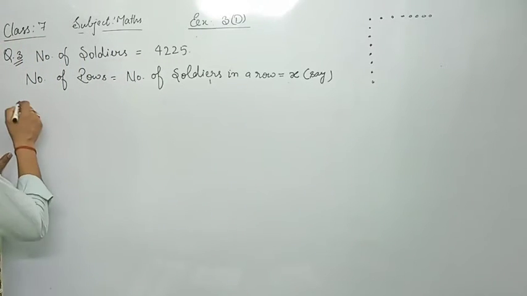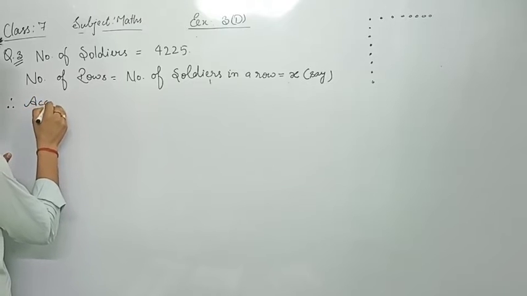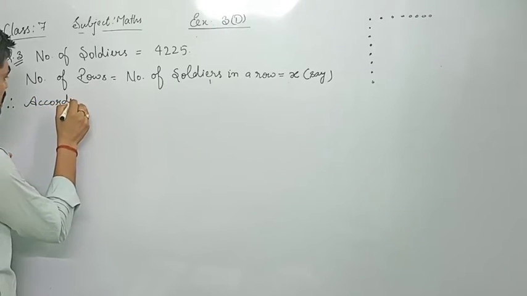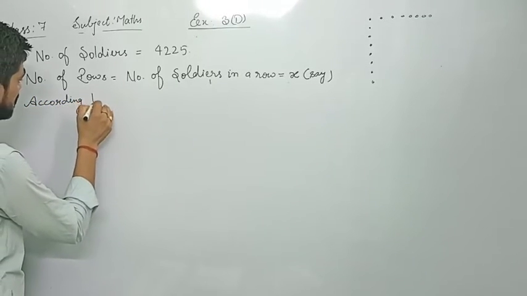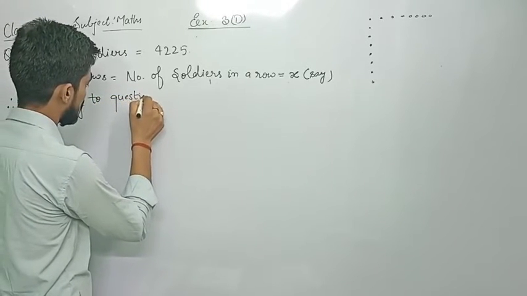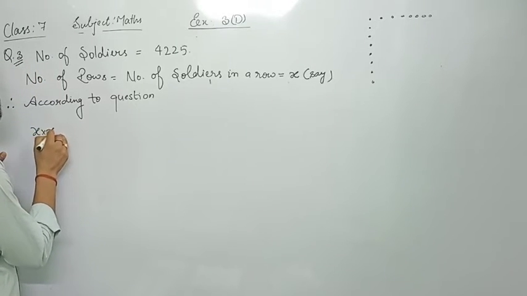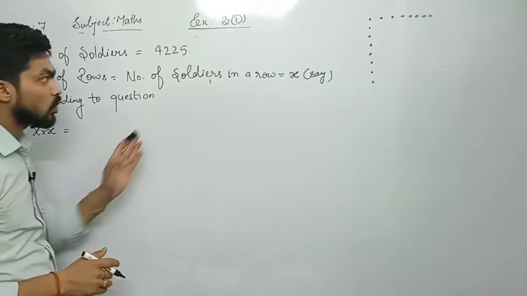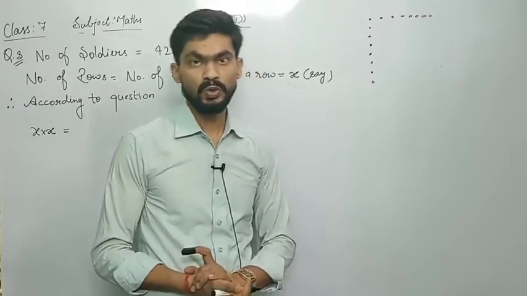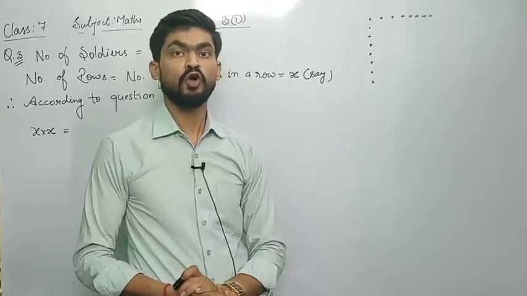So therefore, according to question, X into X. If you need to find total number of soldiers, how do you do? You will multiply the number of rows with number of columns.